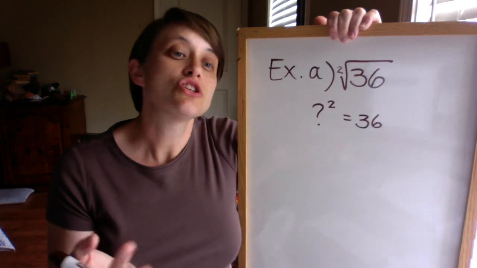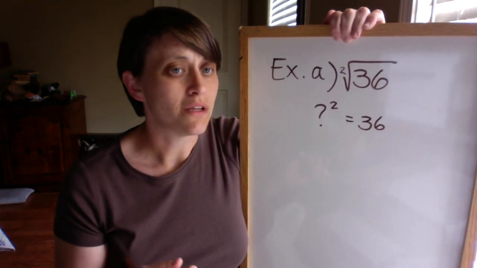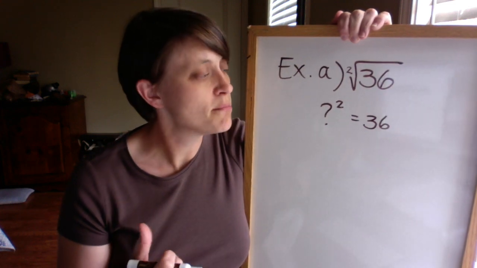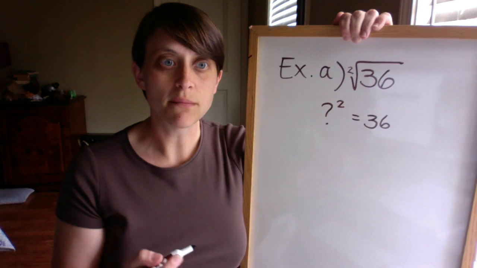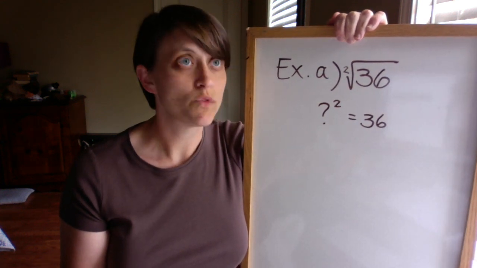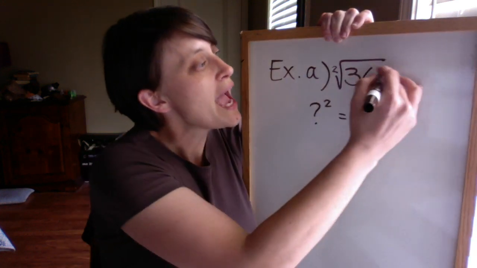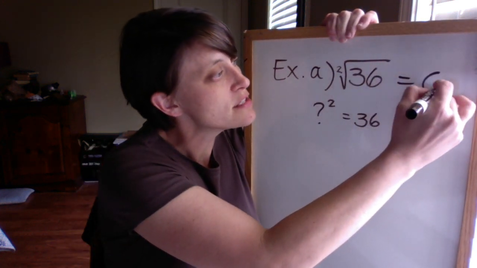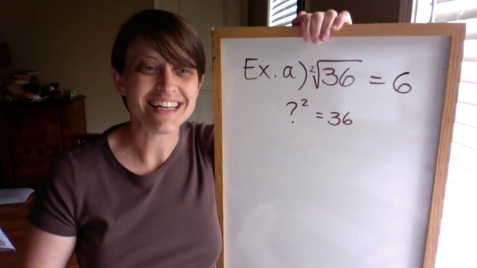You can start just squaring things. 1 squared? No, that's 1. 2 squared is 4. 3 squared is 9, and you'd eventually make it to 6. And 6 squared is 36. So the square root of 36 is 6.